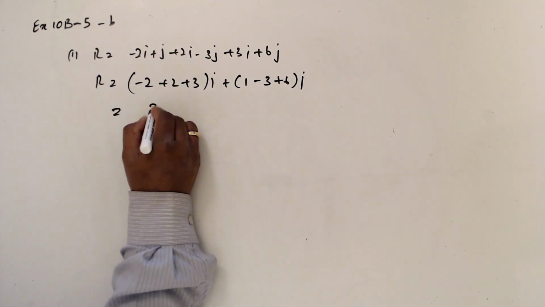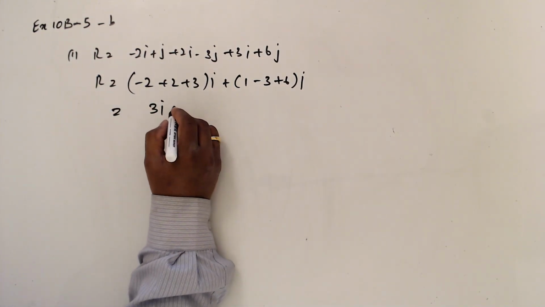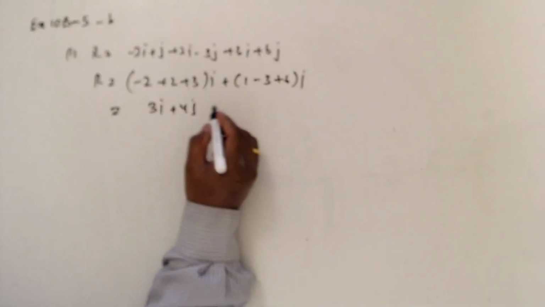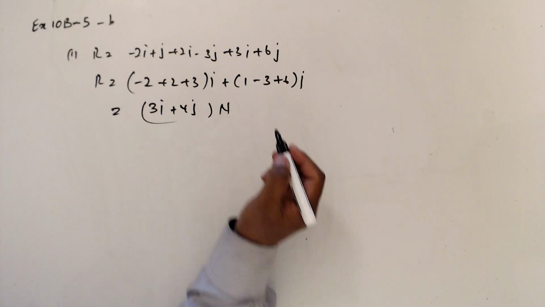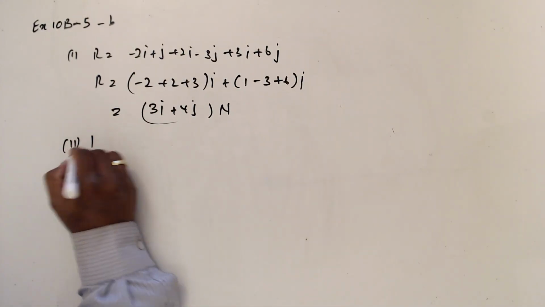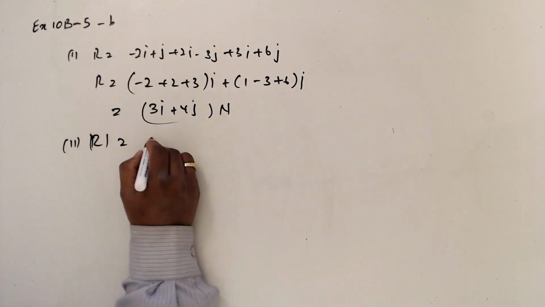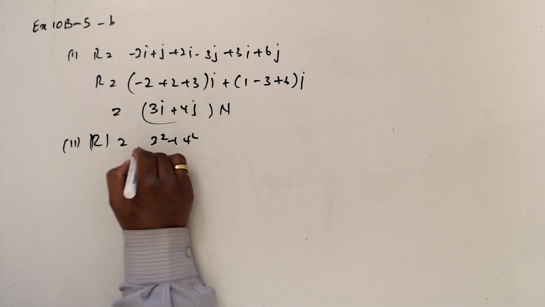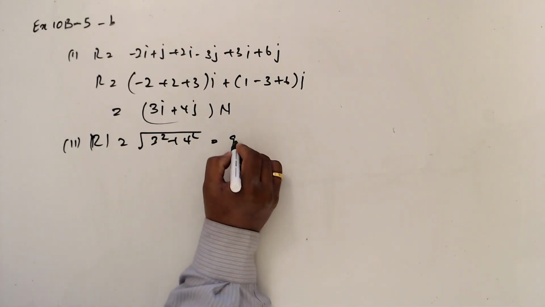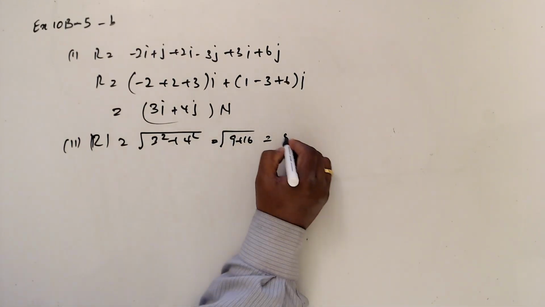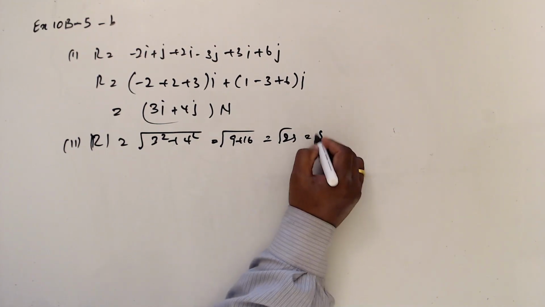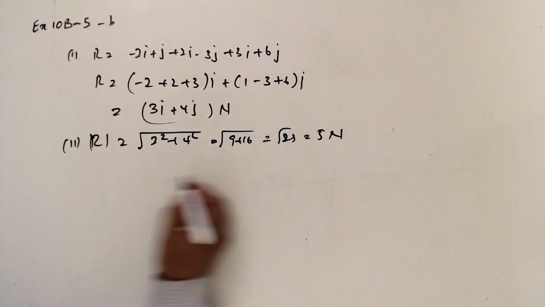So this is going to be 3i plus 4j Newton. So question number 2, the magnitude of R is the square root of 3 squared plus 4 squared, root of 9 plus 16, that is 25, which is going to be 5 Newton.